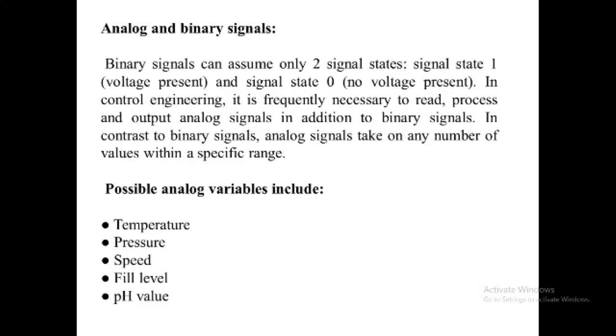In control engineering, it is frequently necessary to read and output analog signals from the process in addition to binary signals. In contrast to binary signals, analog signals take on any number of values within a specific range. These possible analog variables include temperature, pressure, speed, fill levels, and pH value.